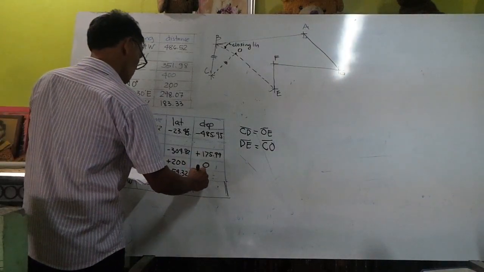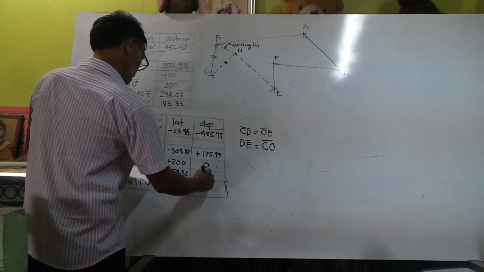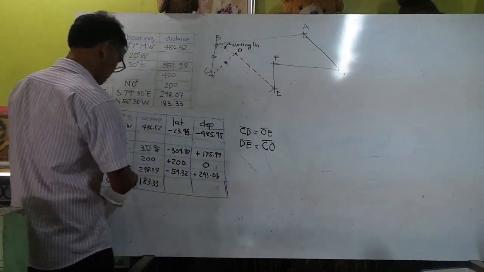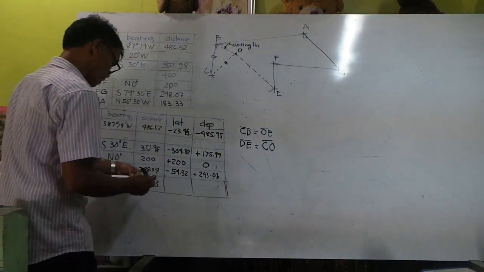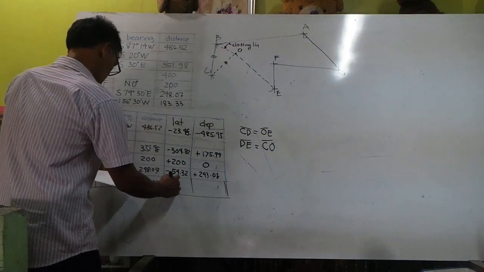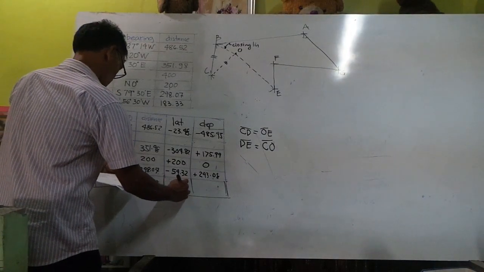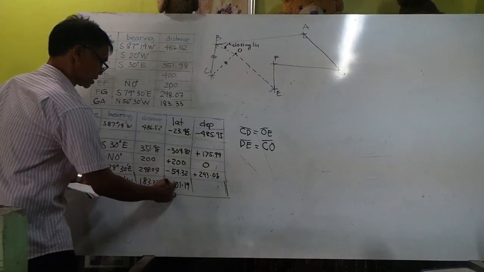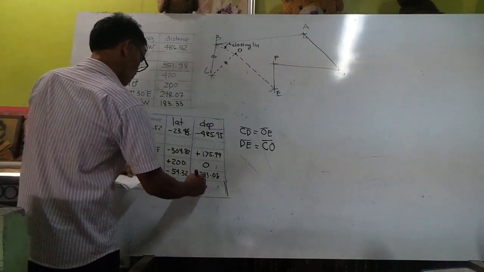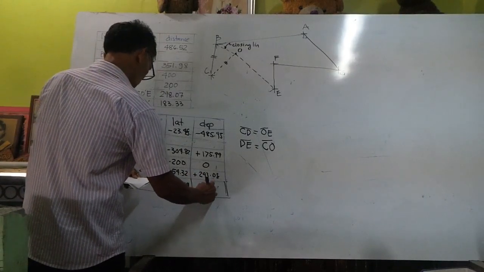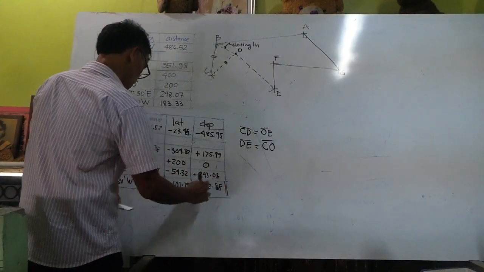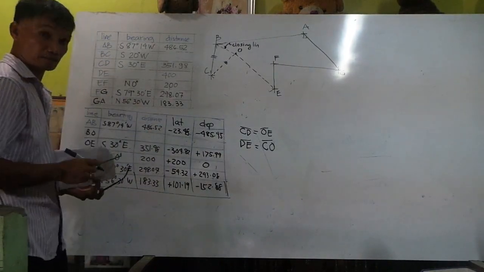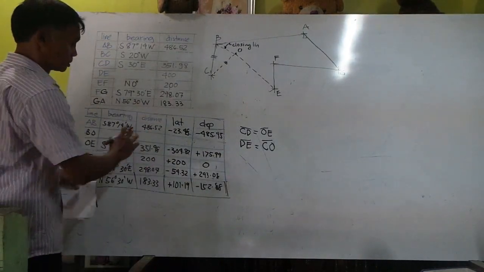Then 293.08 positive, S. Then you have 101.19. This is north, so it is a positive latitude. Then 152.88. This is west, so this is a negative departure. Okay. So that's our data now.